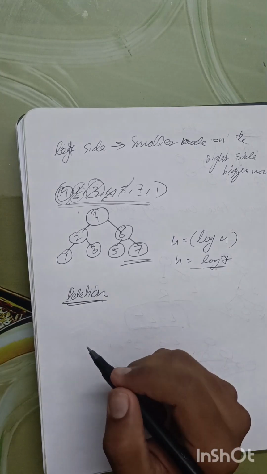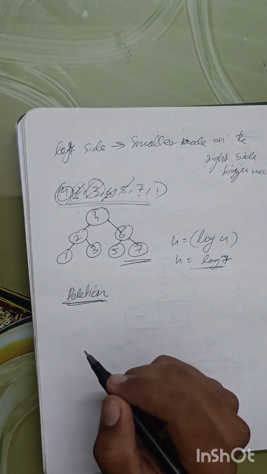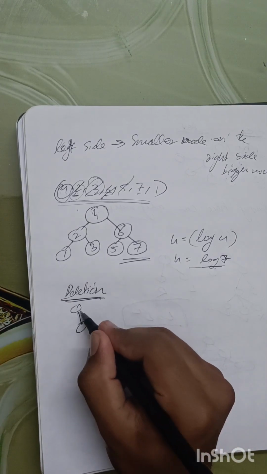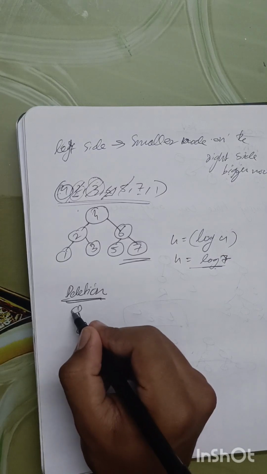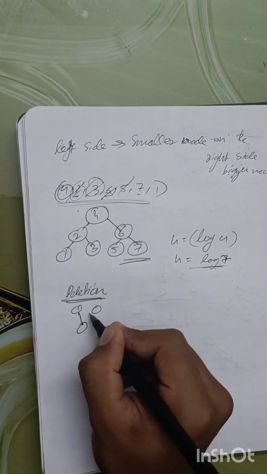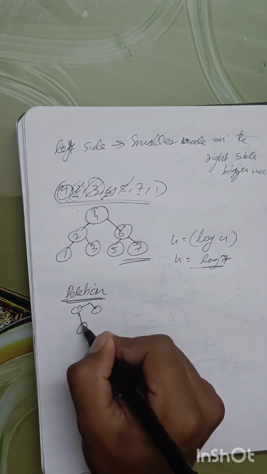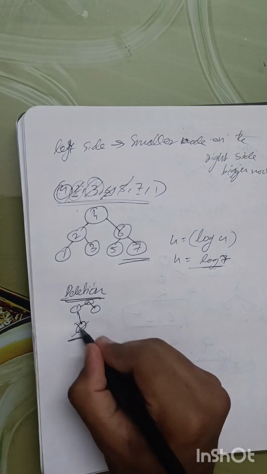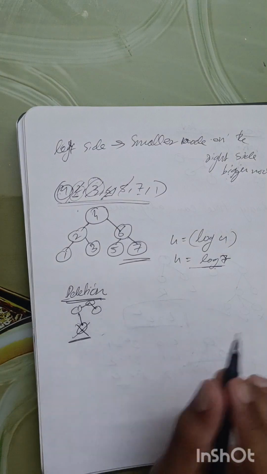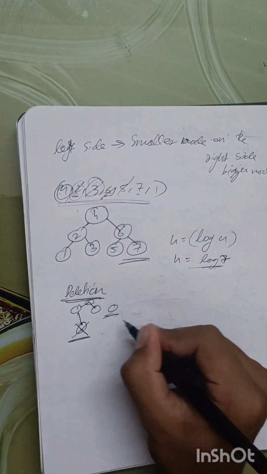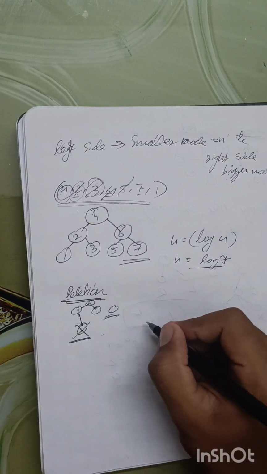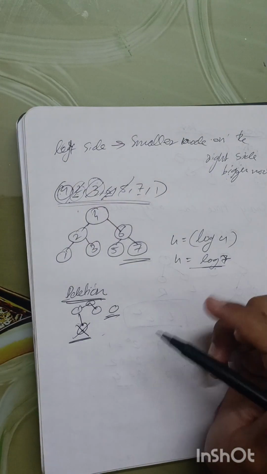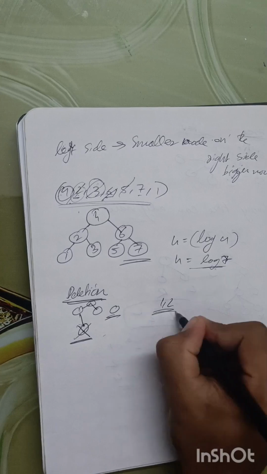A leaf node is the last node. If this is the last one, you can simply delete it and nothing will happen. Nothing will affect the order. If it is not a leaf node and there is 1 or 2 children, then it is different.